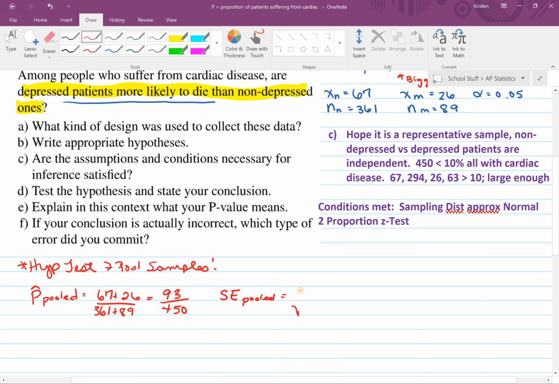So my pooled standard error is going to be the formula. And again, you don't need to write the formula, you just need to do it. But it's going to be p-hat pooled, q-hat pooled, and that's times 1 over n1 plus 1 over n2.